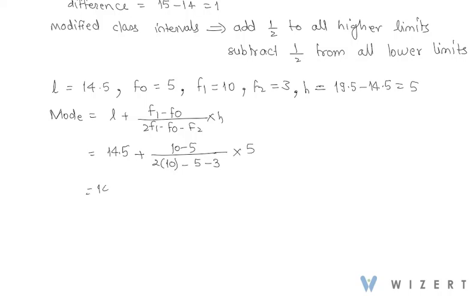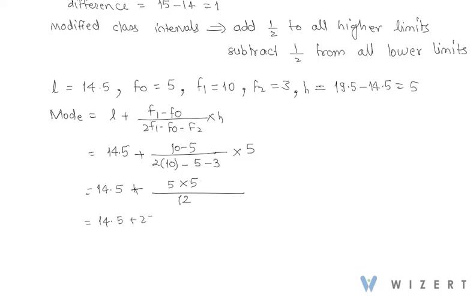So this is 14.5 plus 10 minus 5 is 5, into 5, divided by 2 into 10 is 20, 20 minus 8 is 12.